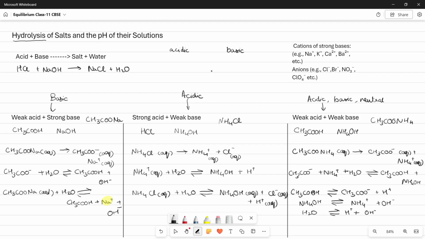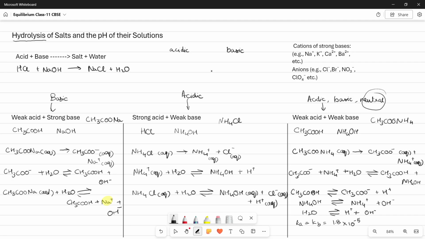This is why the relative strength matters. A few minutes ago, I mentioned that the Ka of CH3COOH and the Kb of NH4OH are both equal to 1.8 times 10 to the power minus 5, which means they are almost equal in strength as an acid and a base. This in turn means that the salt solution is going to be neutral.